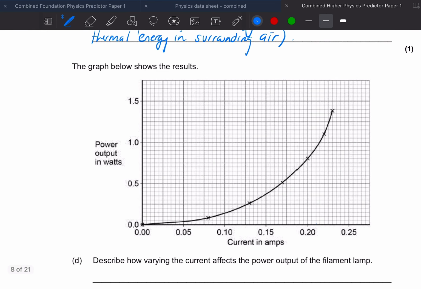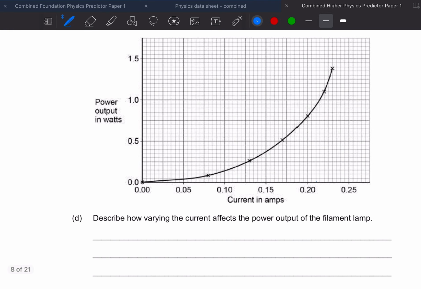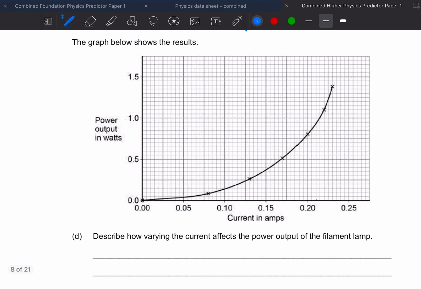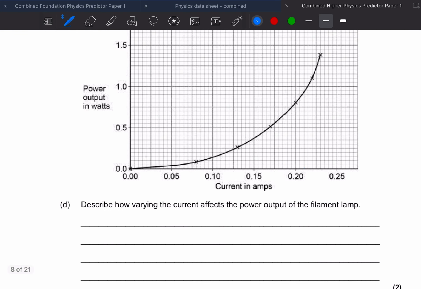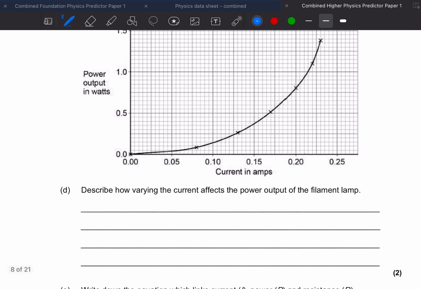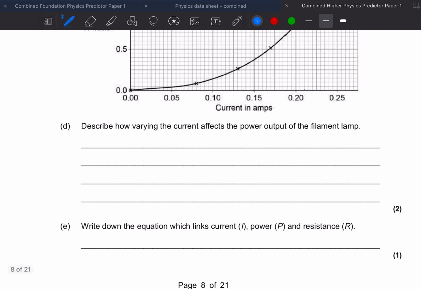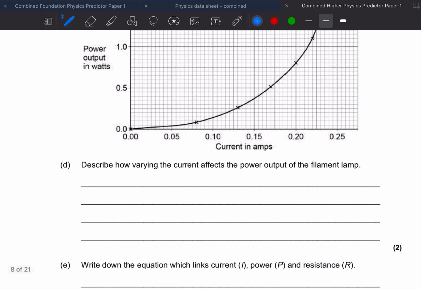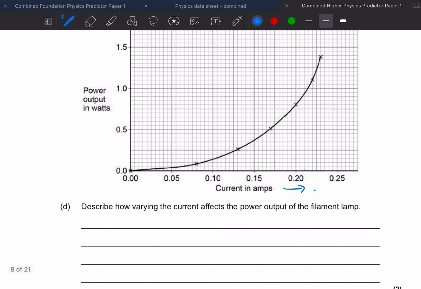The graph below shows the results. So we can see it's not directly proportional, it's just a non-linear relationship here between current and power. Right, describe how varying the current affects the power output. So we're going to talk about how when we increase the current, what happens to the power.